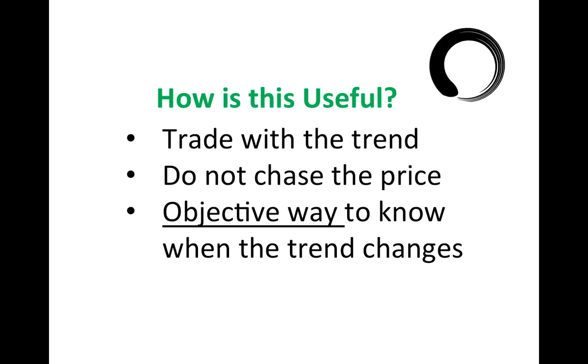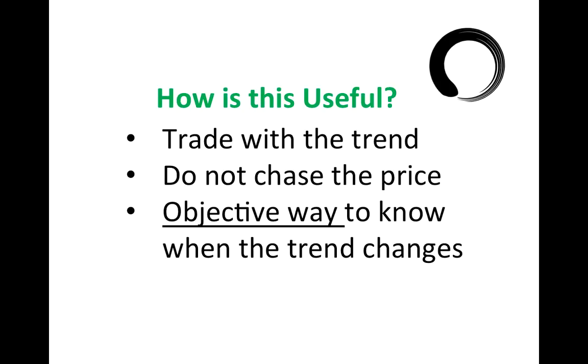And lastly, it is an objective way to know when the trend changes. So for example, if the market is in a higher high, higher low, you know it's an uptrend, and the moment it starts transitioning from a higher high, higher low, so perhaps instead of forming a higher high, this time it forms a lower high, right? So that will be the first early warning, you know that the trend is about to change.